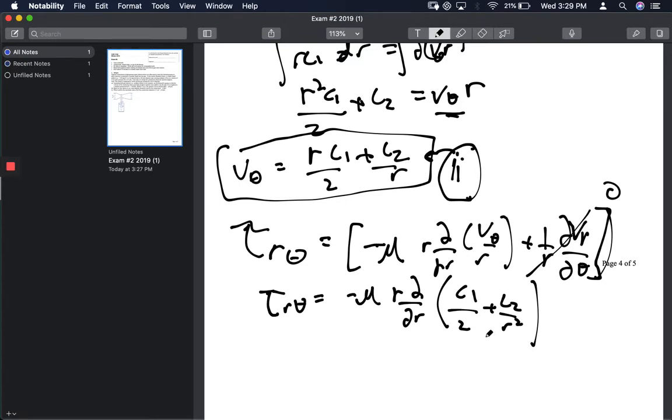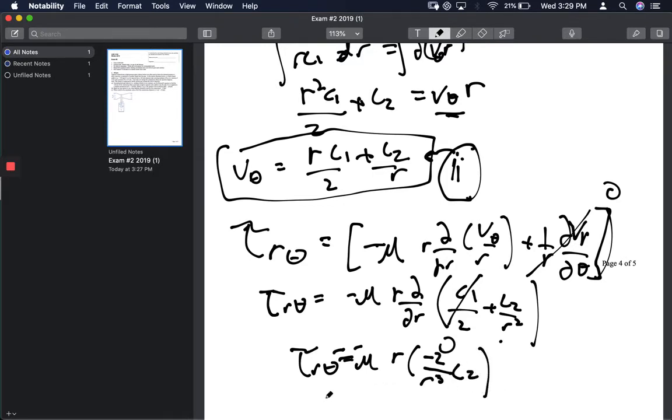So we differentiate this again, and this will be 0, and this will go down, this will become tau r theta, negative mu, r, and then r times negative 2 over r cubed c2.